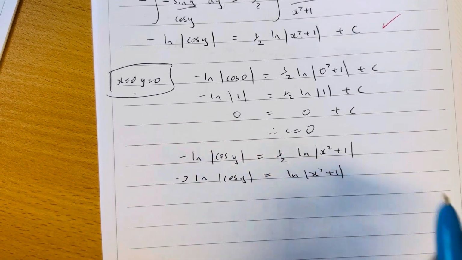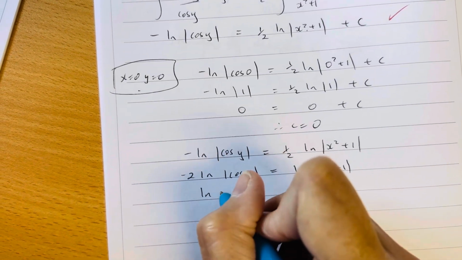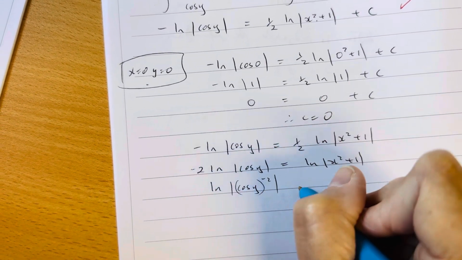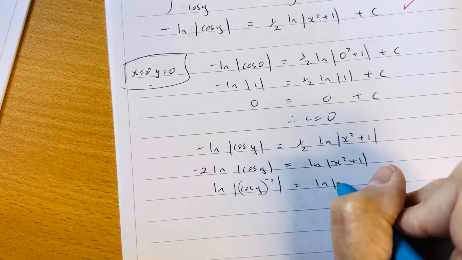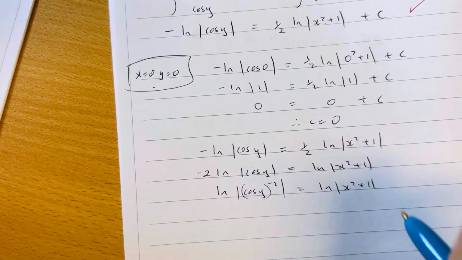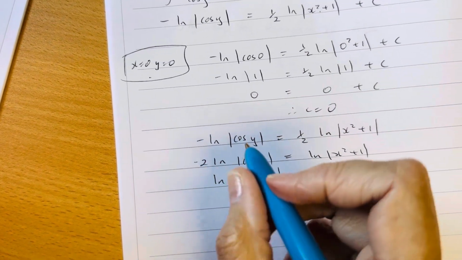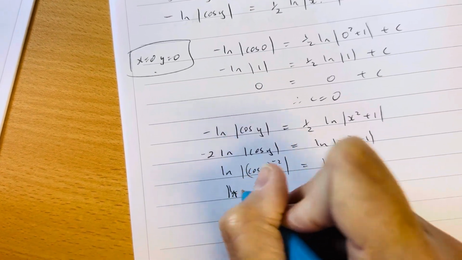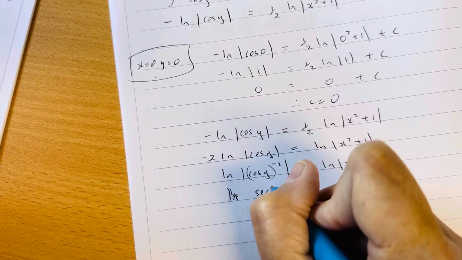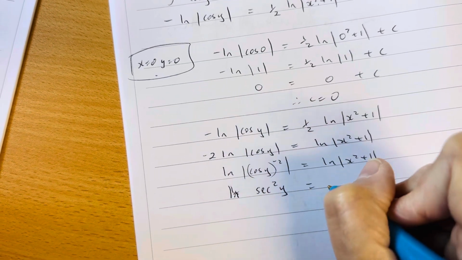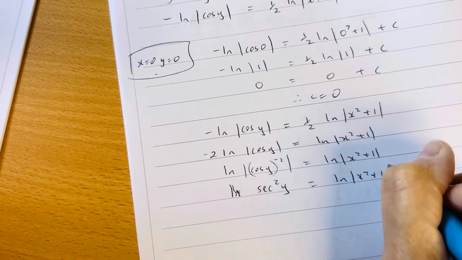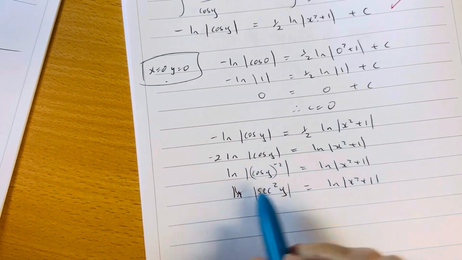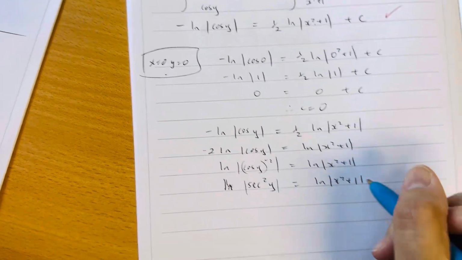One way to go. So that's ln of cos y to the negative 2, which is ln sec squared y equals ln of x squared plus 1. Simplified. Now we have ln of that equals ln of that.